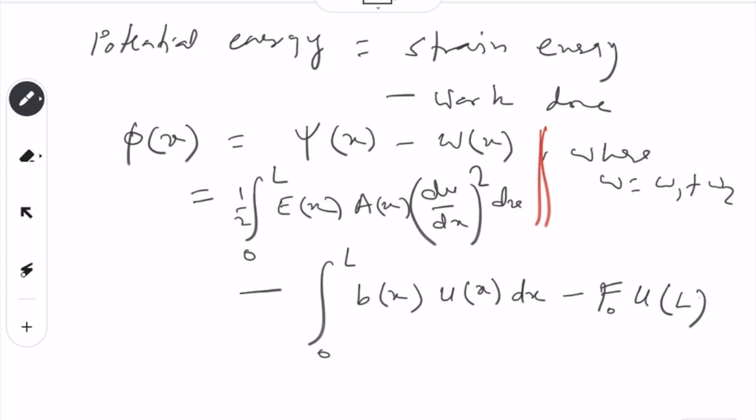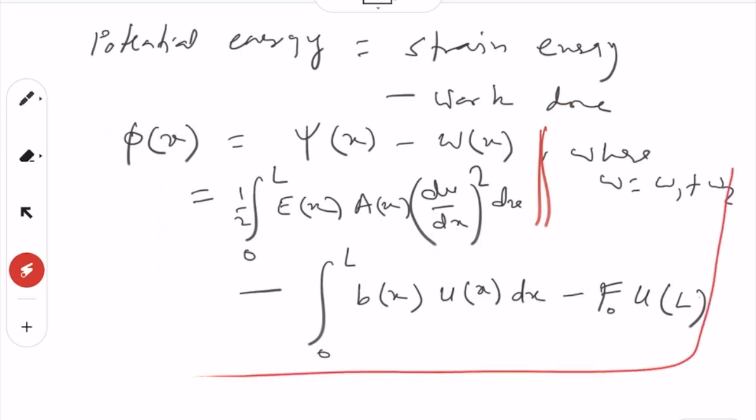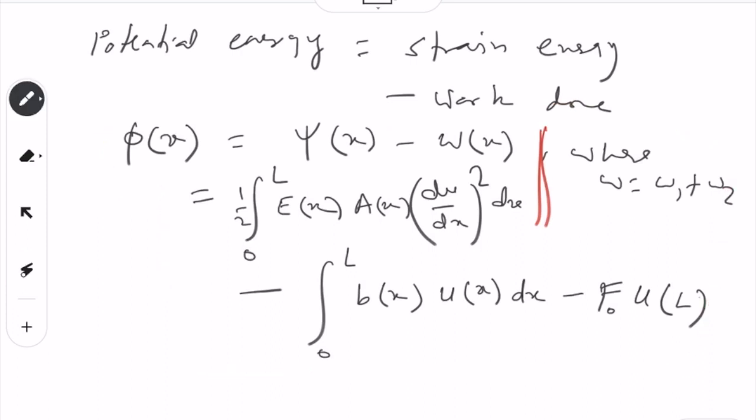Now this equation is basically equivalent to the strong form that we derived earlier. This one is energy based, and the other one is force based, that's the only difference.